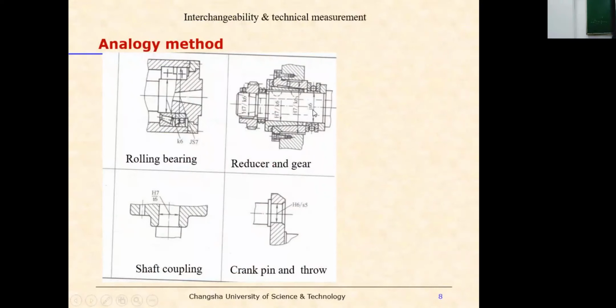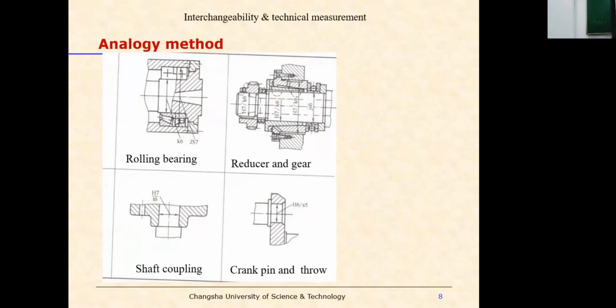The JS is standard. So for the bearing, this is a station. The H7 for the hole, right? Yes, for the hole. The K6 for the shaft. So you know this is the transition or interference or clearance fit.